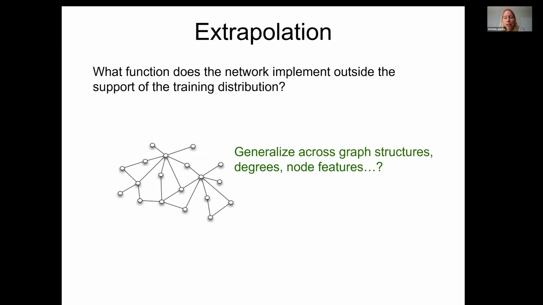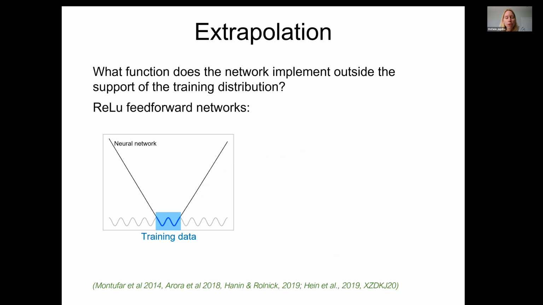To think about that, again, let's think about these computation trees and how GNNs are built up. We have these aggregation functions, and each of the aggregation functions is essentially a small feed-forward neural network. So what do we know about the extrapolation properties of feed-forward neural networks? Let's say ReLU networks, because we're using ReLU networks. We know ReLU networks implement piecewise linear functions.